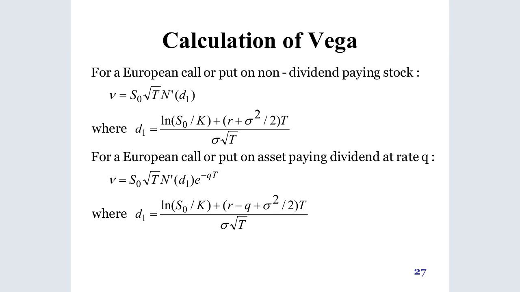Both cash and the value of the asset do not change with change in volatility, and hence del C del sigma is equal to del P del sigma. So the Vega of the call and Vega of the put become the same. The first one is the non-dividend paying scenario. The second one is the continuous dividend paying scenario.